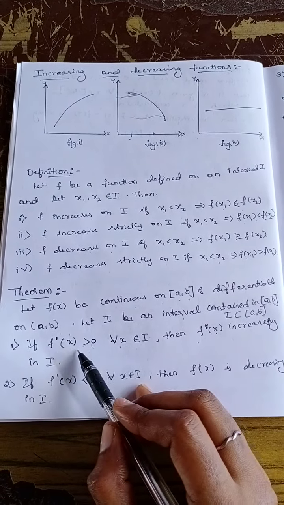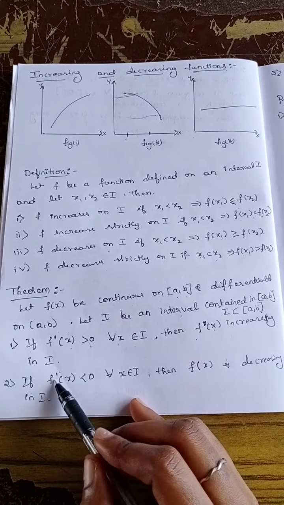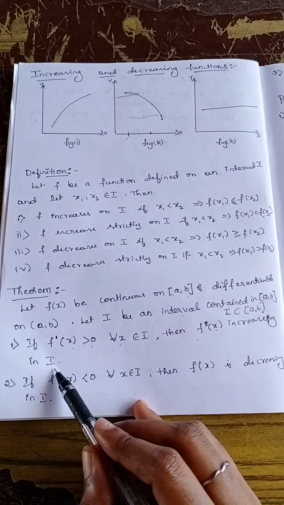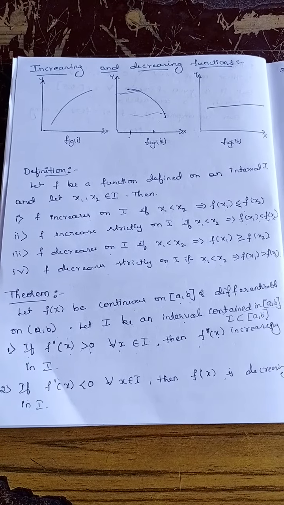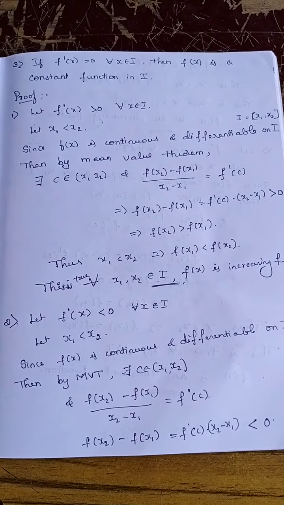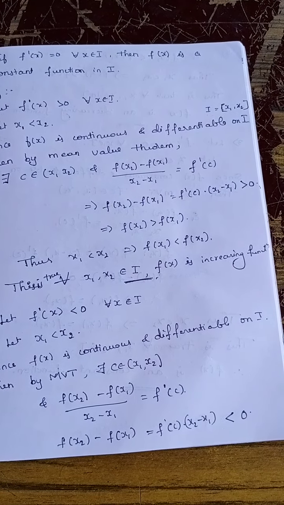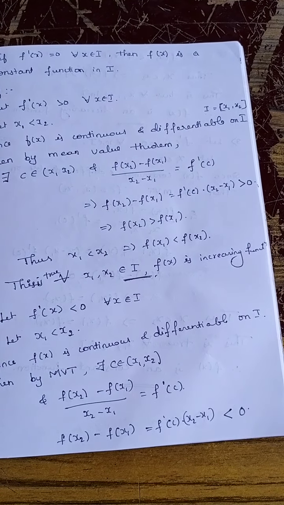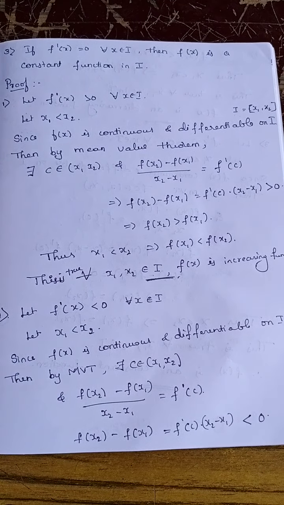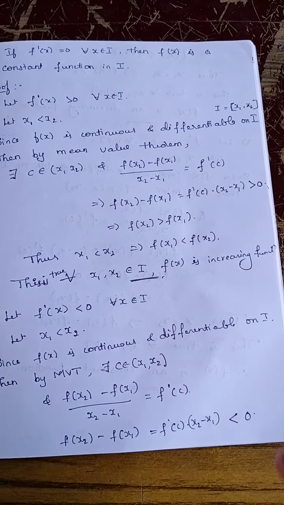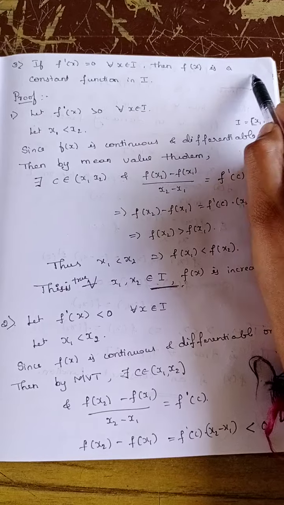Second, if the slope of the curve is less than 0, then the function is a decreasing function on the given interval I. And the third result: if f dash of x is equal to 0, it means the slope of the tangent is equal to 0, the tangent of the given curve is parallel to the x-axis, then f of x is a constant function. That means the tangent is parallel to the x-axis, or it will be a straight line.